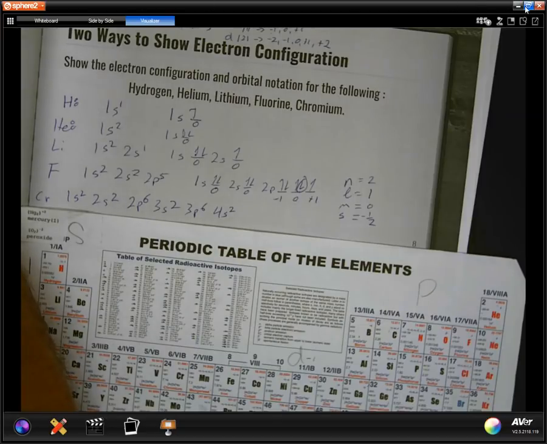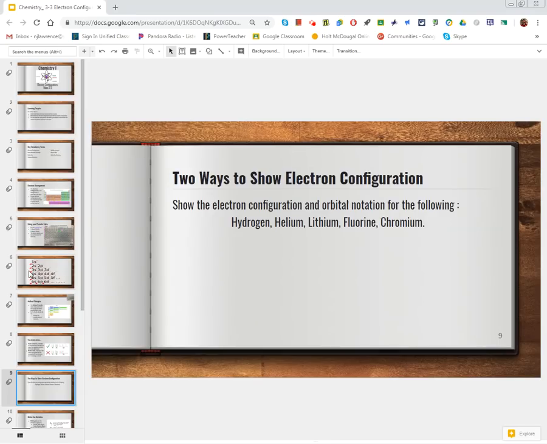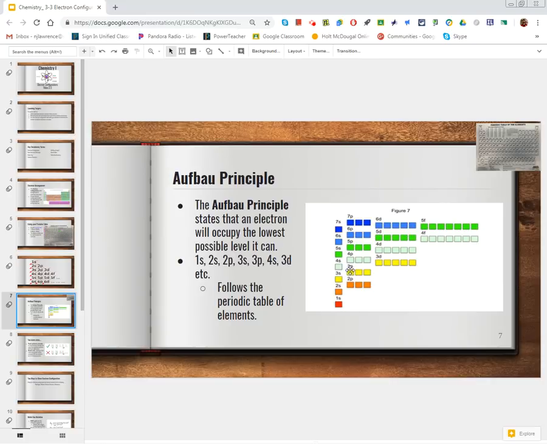However, when you look at the energy chart here, we see that the d block actually has a slightly lower energy level than the 4p, and it's slightly above the 4s, but we consider that the 3rd energy level.